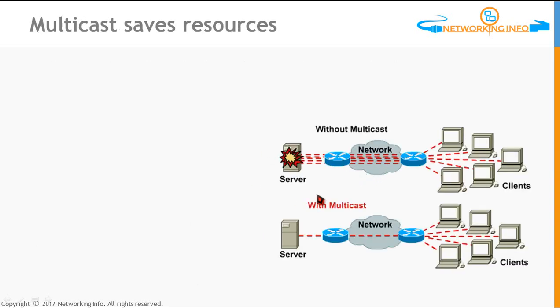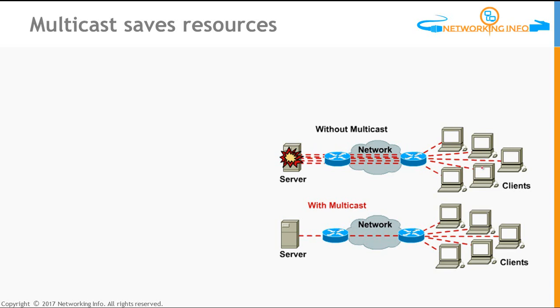Now here are two examples: one with multicast and one without multicast. With multicast, we get this scenario where a single stream can feed multiple recipients, but this is the example of unicast. In unicast, whenever any user asks for the data, there has to be a single stream.